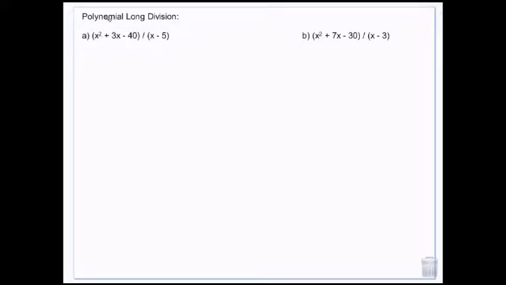Polynomial division. We're going to do the straight long division, and then we'll do something called synthetic division. And you get to decide which one you like best. Polynomial long division looks like regular long division. So I'm going to take that x minus 5, and I'm going to divide it into x squared plus 3x minus 40.